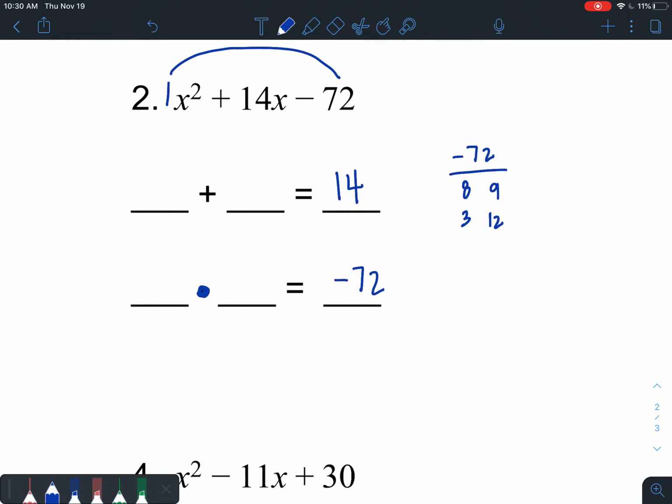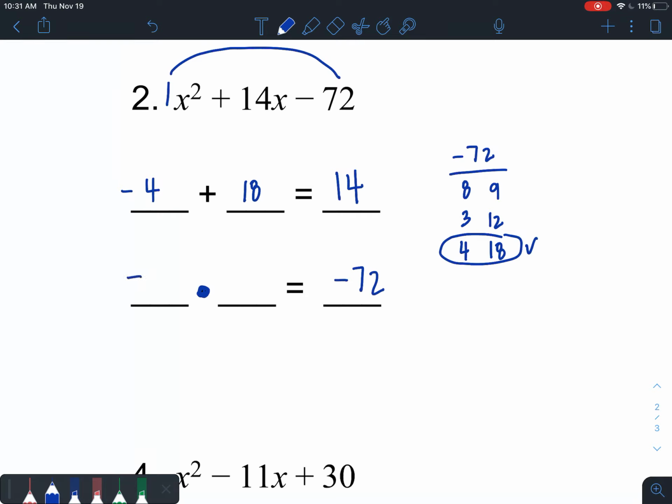What's 72 divided by 4? 4 and 18. Now 4 and 18, if we think about that for a second, negative 4 plus positive 18 gives me a positive 14.